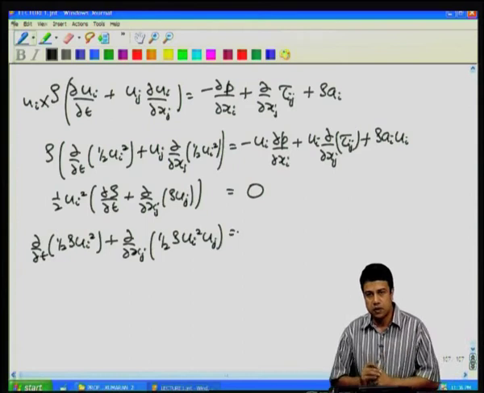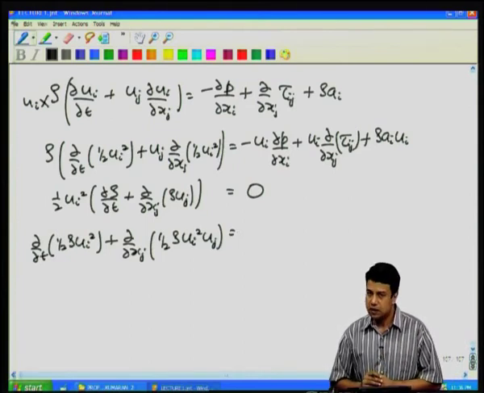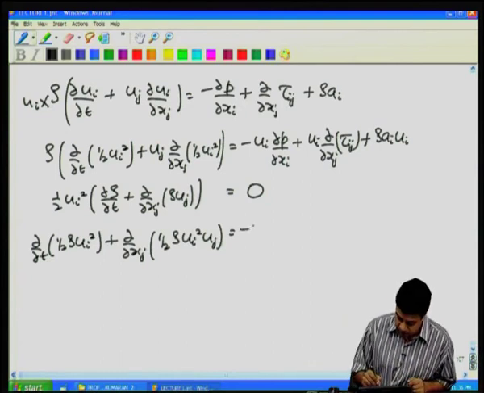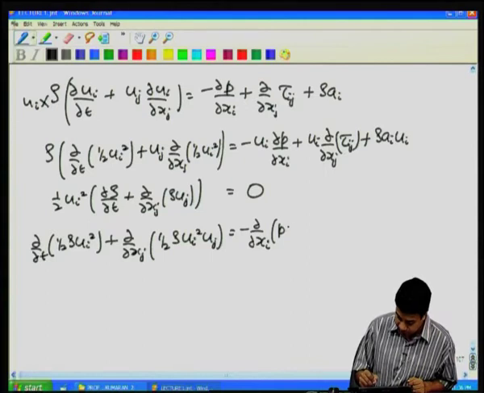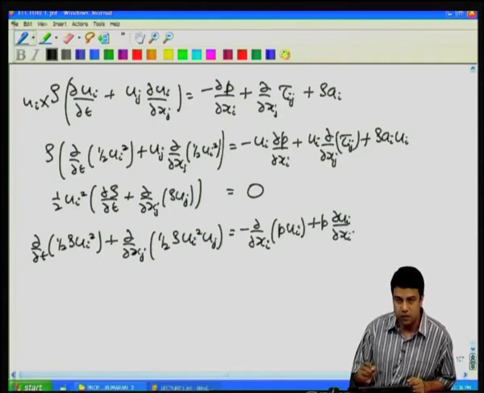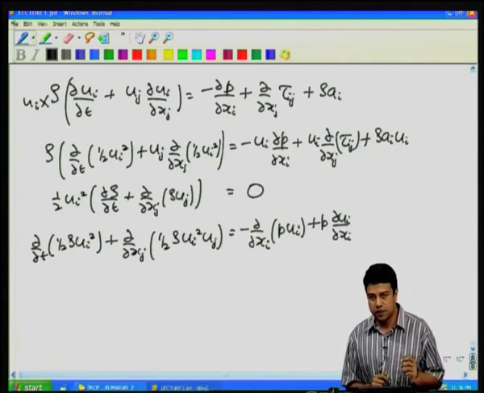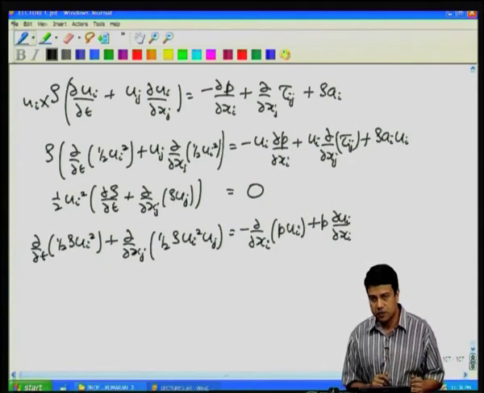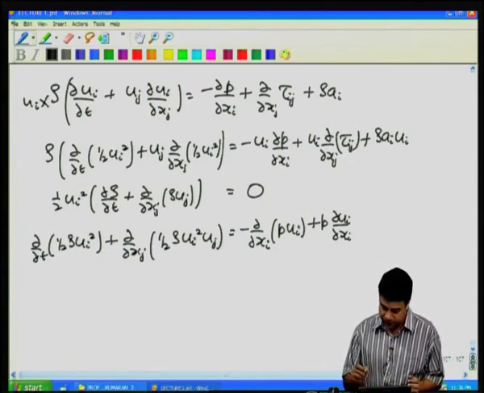The terms on the right, I use integration by parts to simplify them. So, I get minus partial by partial x I of p times u I, plus p partial u I by partial x I, one integration by parts. And a second integration by parts for the shear stress.